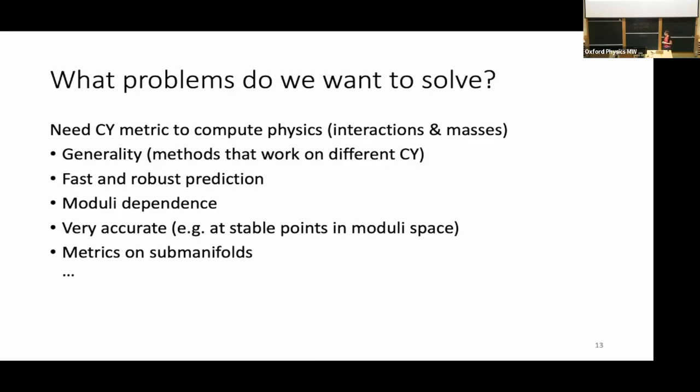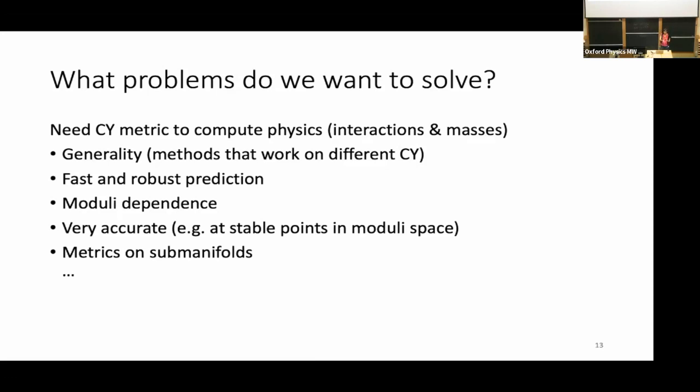Then one can think of other things that we might want to do. So Calabi-Yau manifolds are geometric spaces where we can have interesting physics happening on submanifolds. So on certain regions, we might have some branes wrapping some submanifolds or so. And those branes in string theory can lead to interesting physics in their own right.